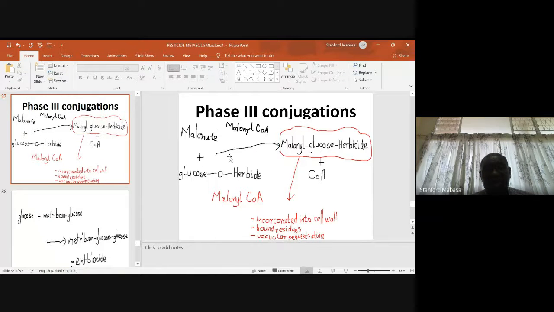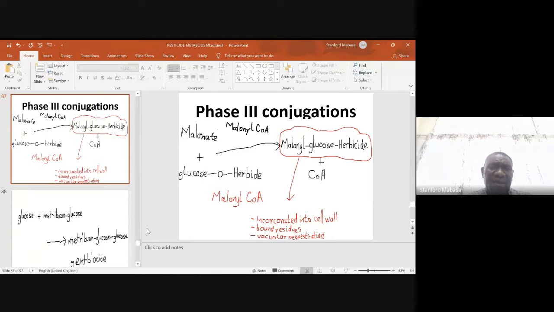Of course, here we can use the glucose O herbicide formed in phase 2. It can combine with malonate via malonyl coenzyme A and form malonyl glucose herbicide. And we release coenzyme A. I mean, this can be part of the cell wall, or it can be moved to the vacuoles.